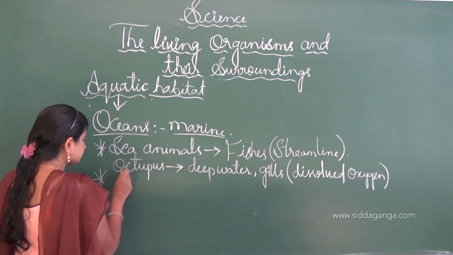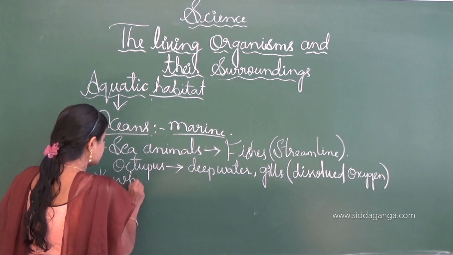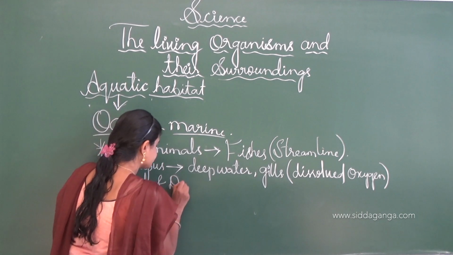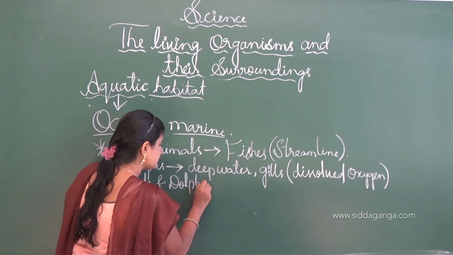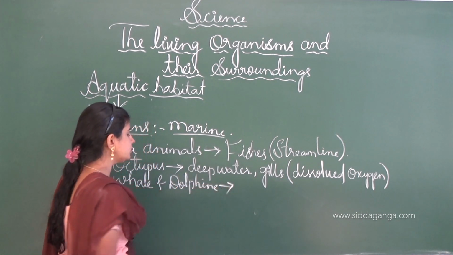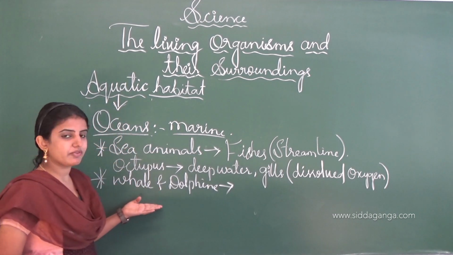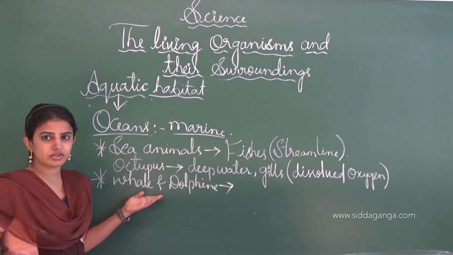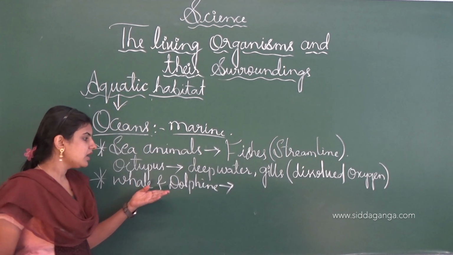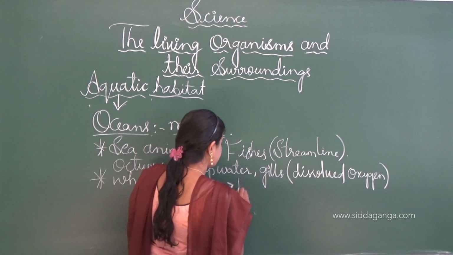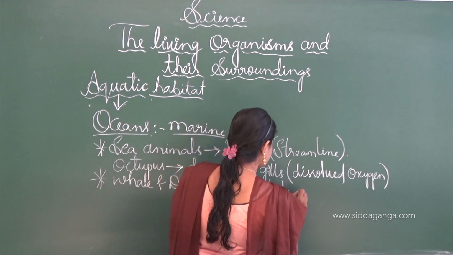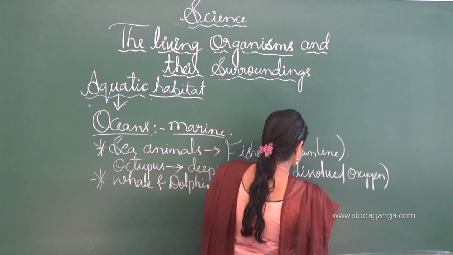See, apart from this, whales and dolphins are also found in the water. Even though these animals are found in the water, there are different respiratory organs present. Either they will respire through the blowhole or by the nostril.